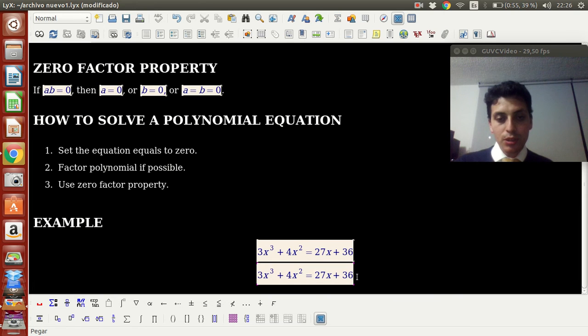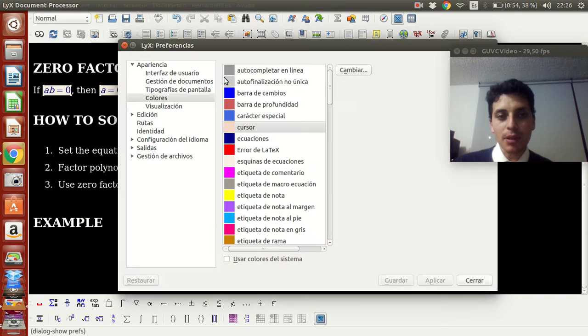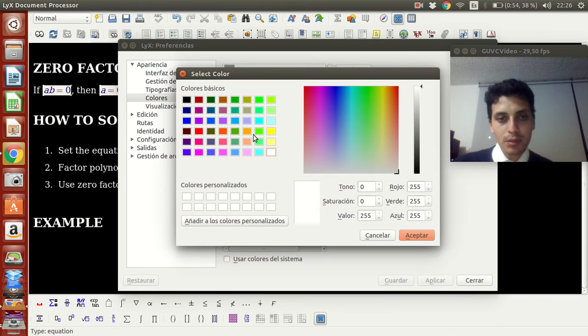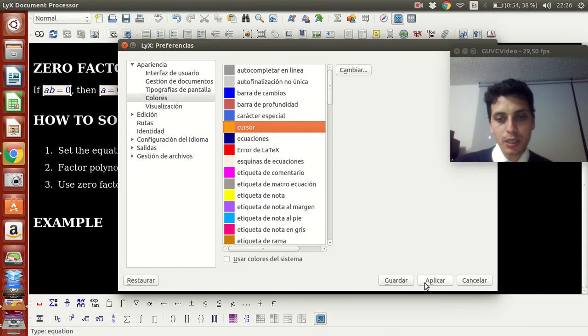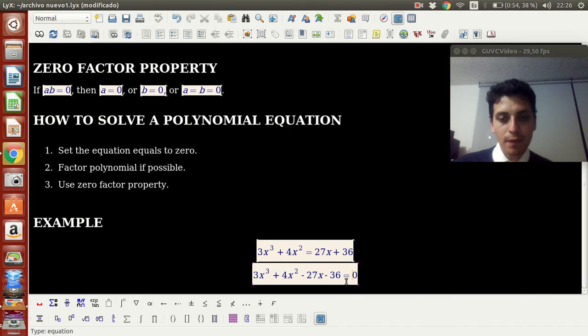Easy. We subtract 27x from both sides of the equation and subtract 36. So I set the equation equal to 0.